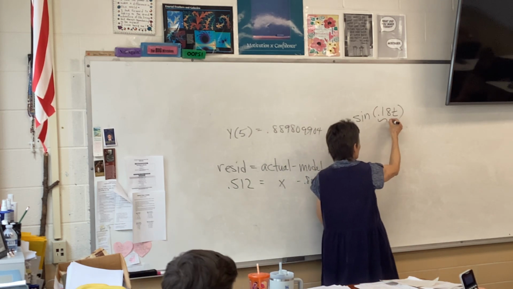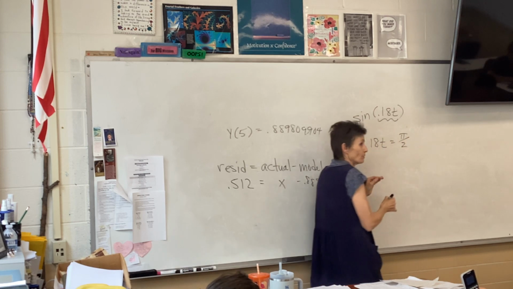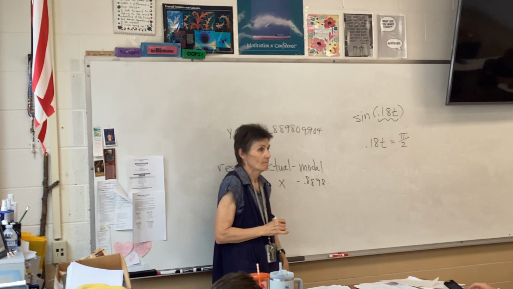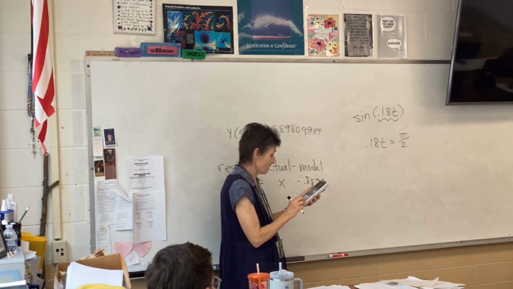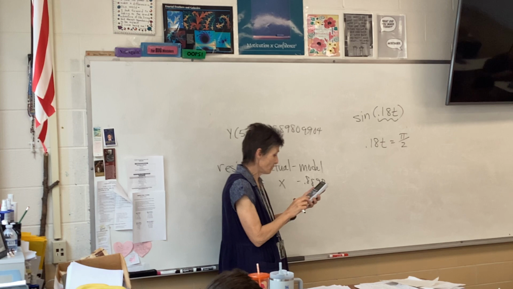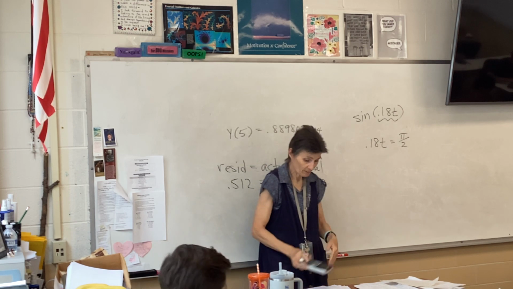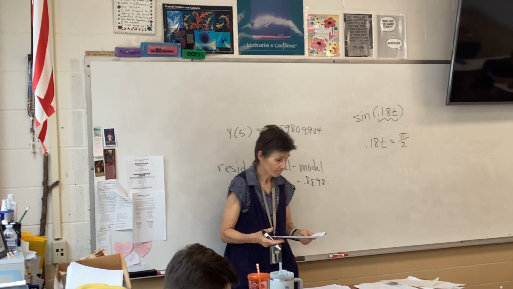So whatever this is, 0.18t has to be pi over 2, because that's when sine is going to be the biggest it can be. Never bigger than 1. And it's 1 at pi over 2. So t is going to be pi divided by 2 divided by 0.18. So 8.727. Okay.